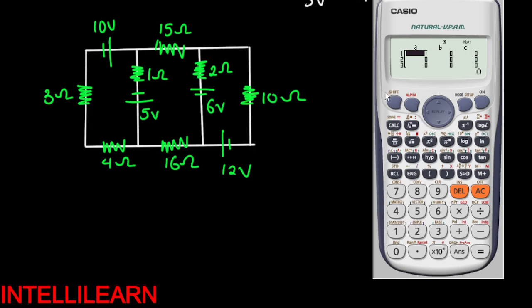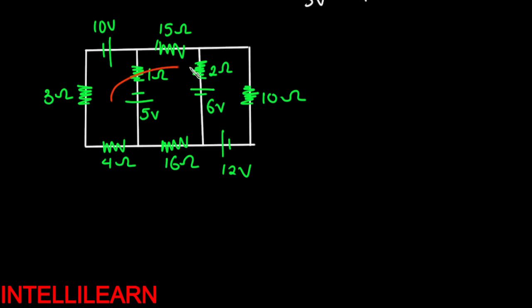So let's see. In the first loop, what are the resistors? The resistors are what? 1 ohm, 4 ohm, 3 ohm. So you just say 1 plus 4 plus 3 equal to, between the first and second, you have 1. So you enter it as minus 1 equal to. Between the first and third, is there any direct connection between the first loop and the third loop?